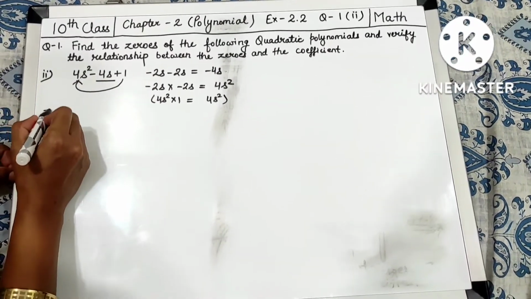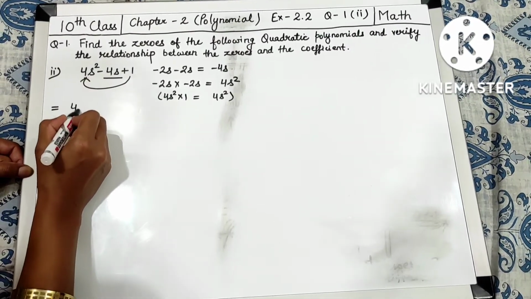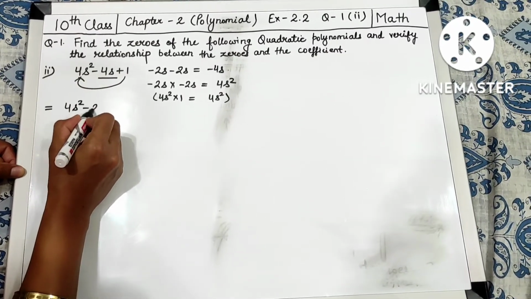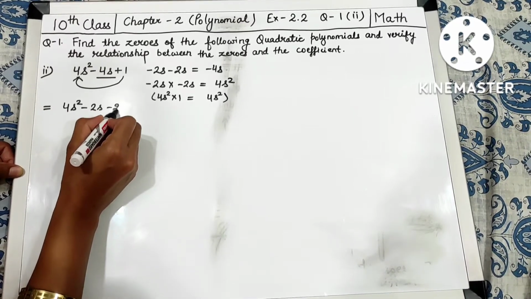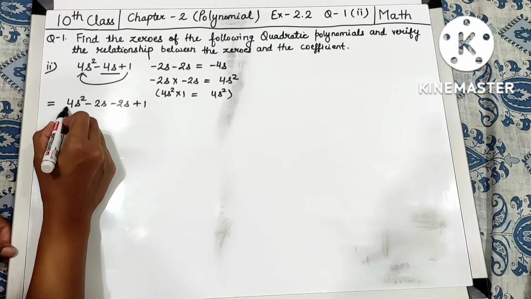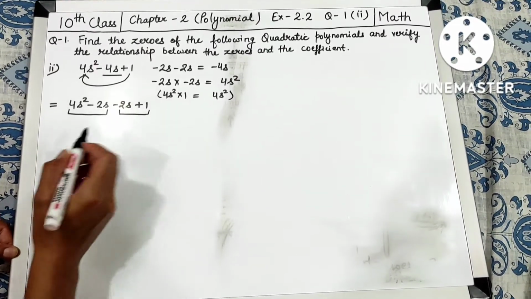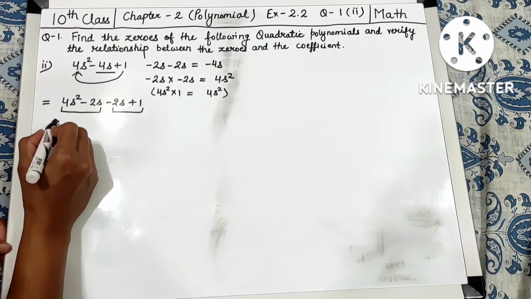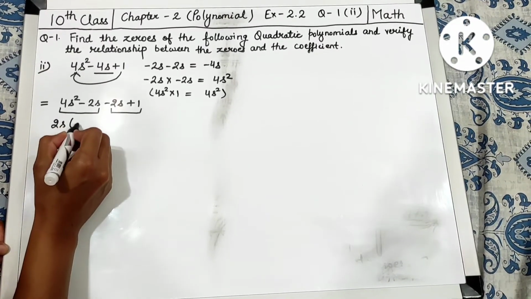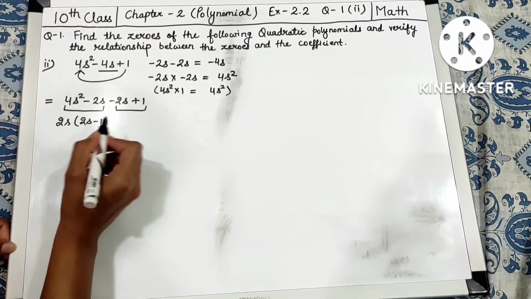So next step is we will write the factors of 4s. 4s square minus 2s minus 2s plus 1. Now we will take common from these two terms. Here 2s is common. What will be left? 2s minus 1.